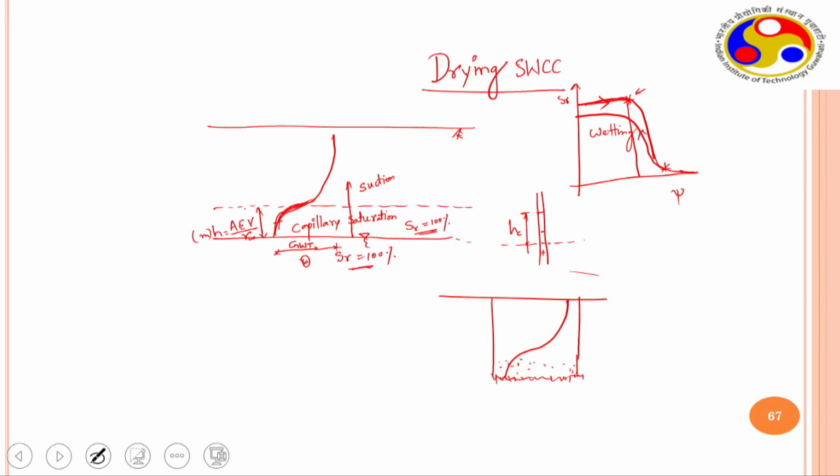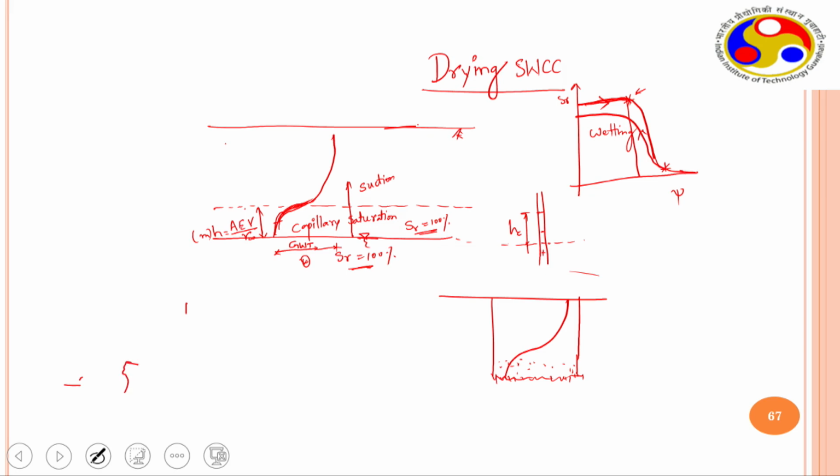So I was trying to describe, in a natural system, you have a ground surface here and groundwater table here. This is the groundwater table, this is the ground surface. Right? Now there is a capillary rise.